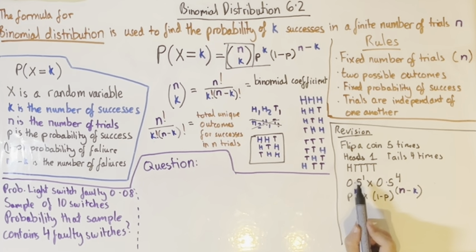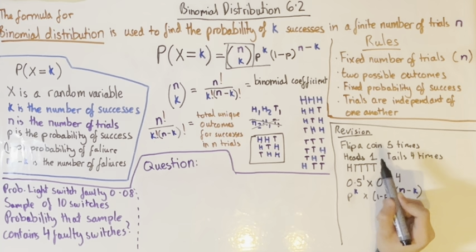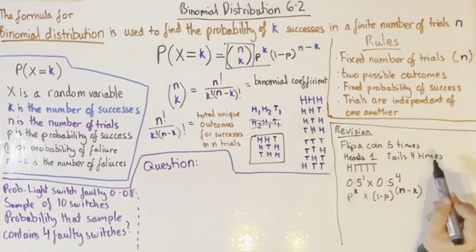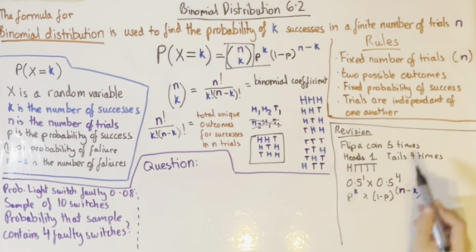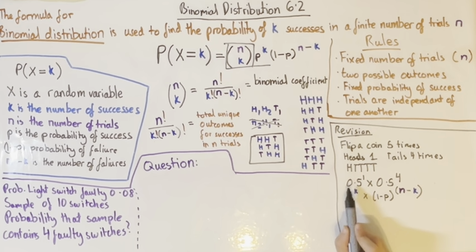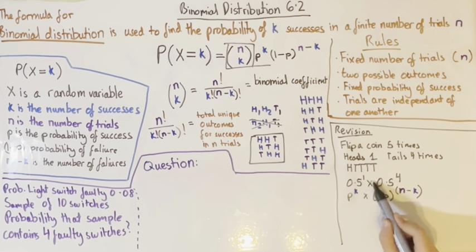We can find the probability of getting 1 heads and then 4 tails, and we can just model this as 0.5 to the power of 1, because that's the chance of getting heads, times 0.5 to the power of 4, as the chance of tails is also 0.5.